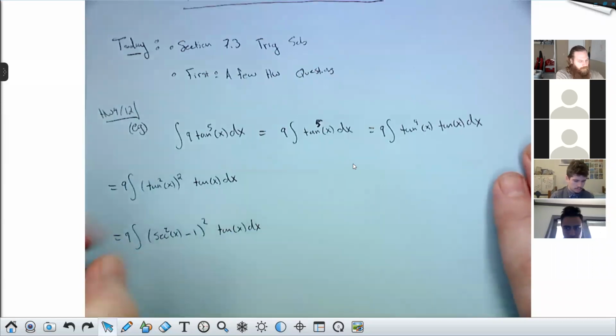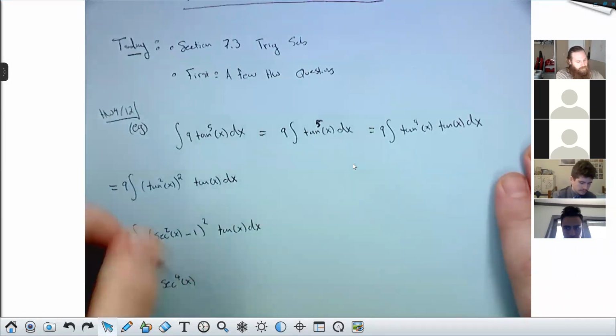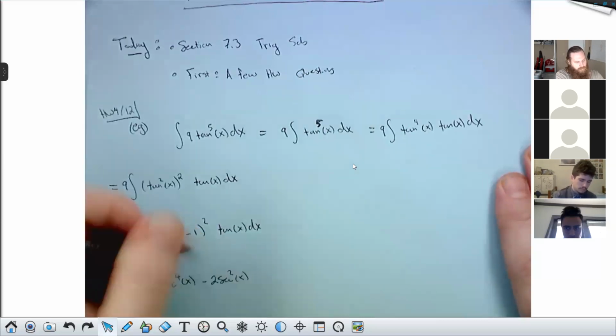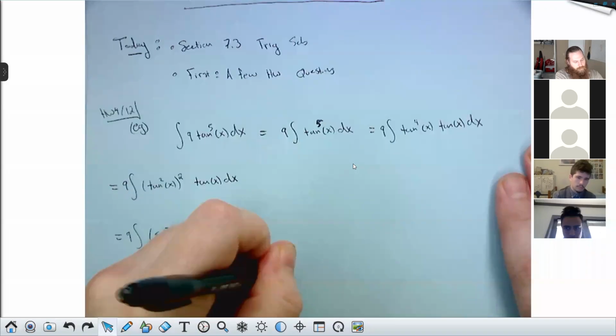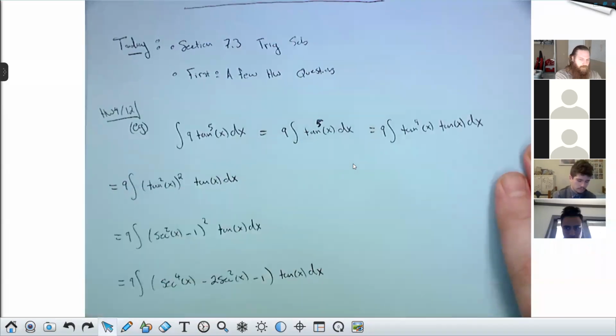And now I'll FOIL out that secant squared minus 1 all squared. That's secant to the 4th of x minus 2 secant squared of x minus 1 times tan x dx.